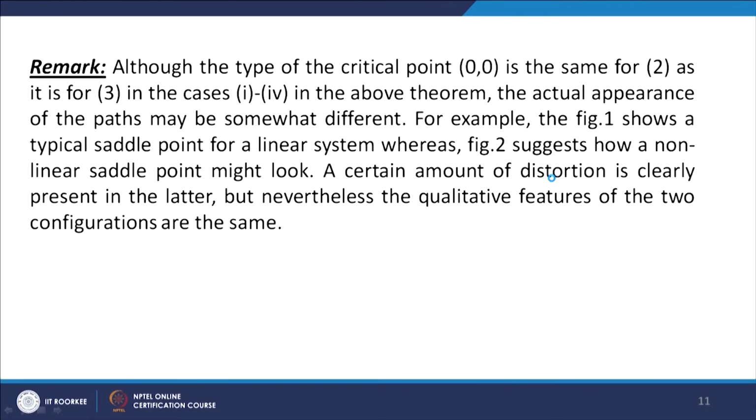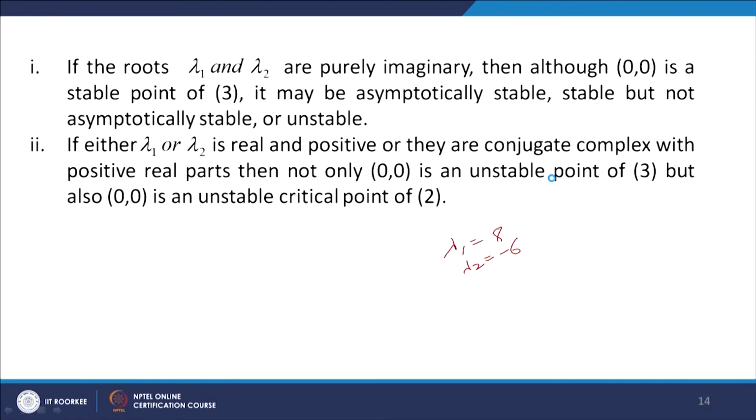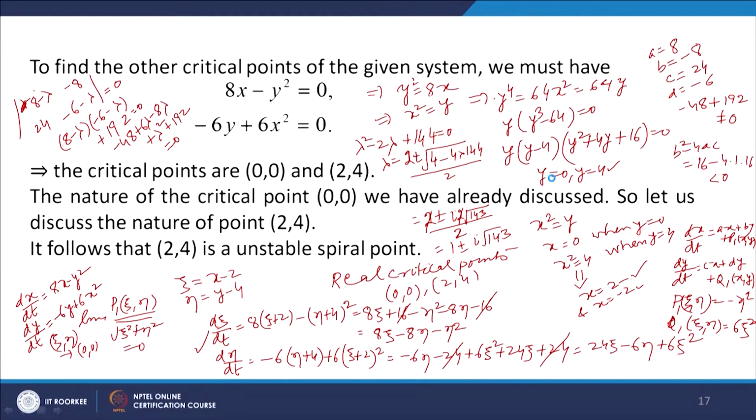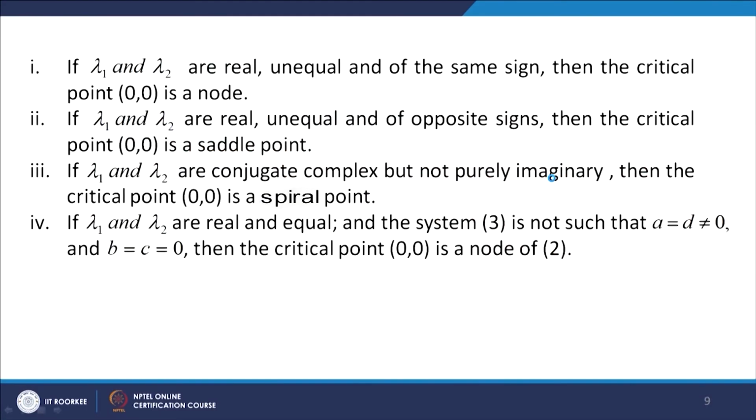So, 0, 0 in the xi eta plane corresponds to 2, 4. So, it is a spiral point. If lambda 1 and lambda 2 are conjugate complex, but not purely imaginary, then the critical point is a spiral point.